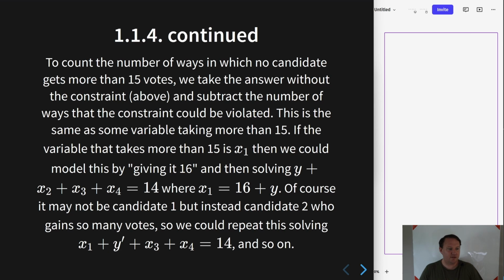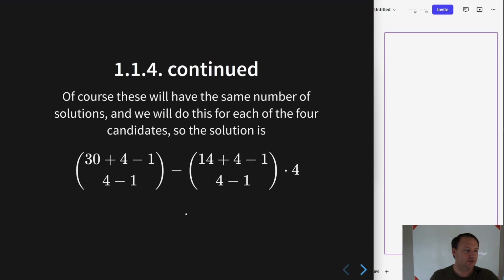Now, this is assuming that the first candidate is the candidate who receives more than half of the votes. We could repeat this all over again for the second candidate and so on. What's really important to realize is that these possibilities are disjoint. I'm now using the sum principle where disjointness is important. If one of the candidates receives more than half, then no other candidate could as well.